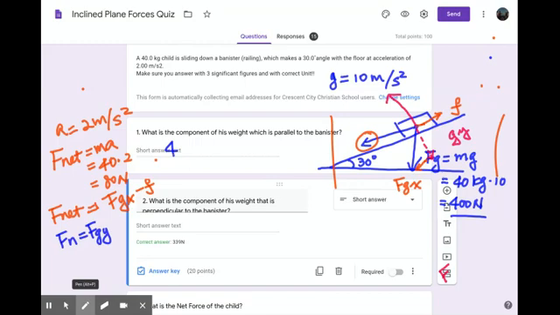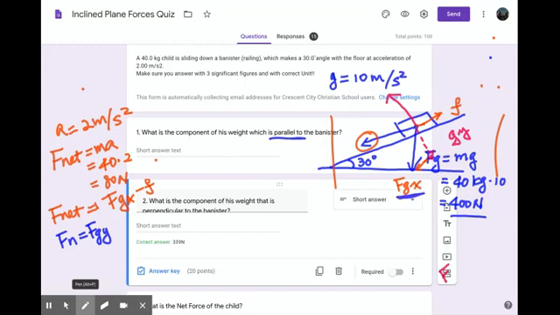Oh, sorry, it's not 400 Newton. His weight needs to be parallel to the banister. The banister is the ramp. The one that's parallel to the banister is FGX.